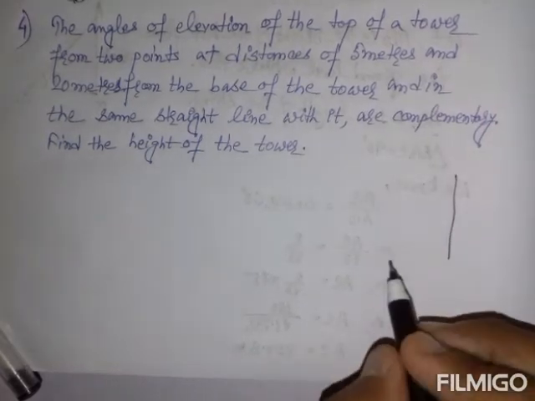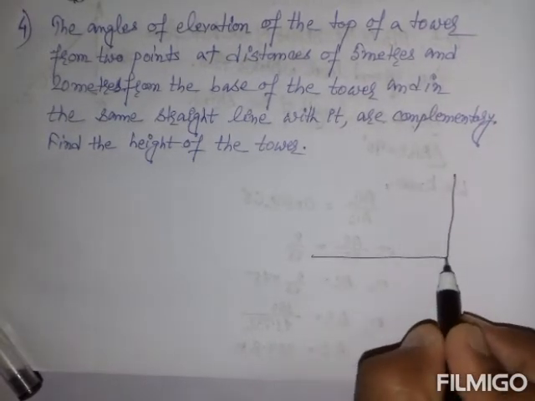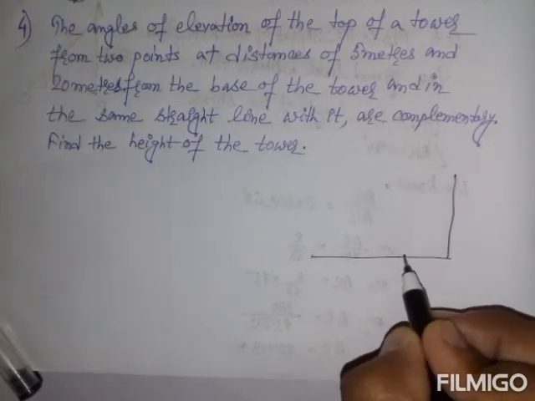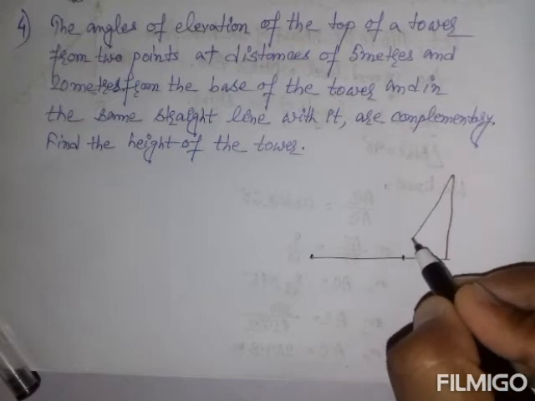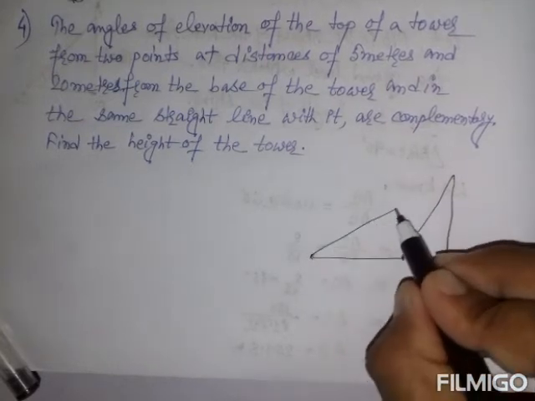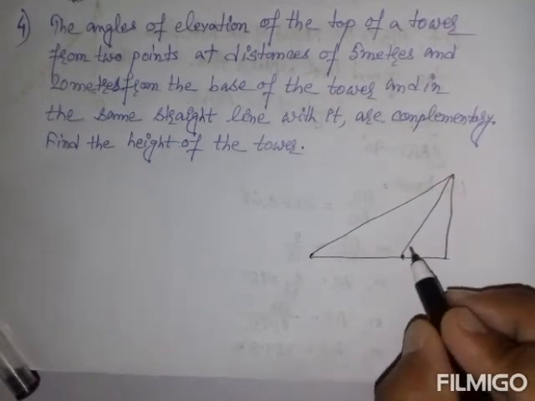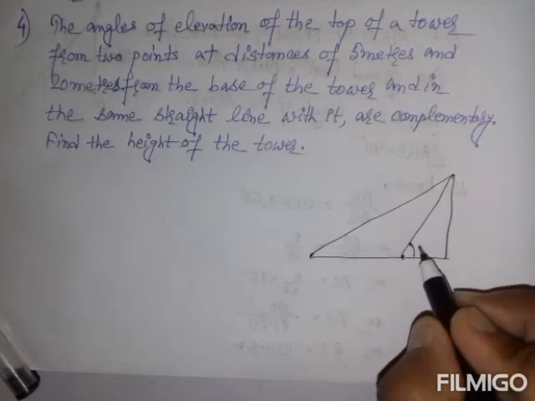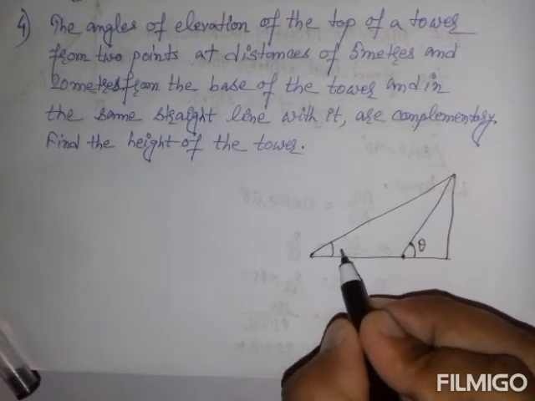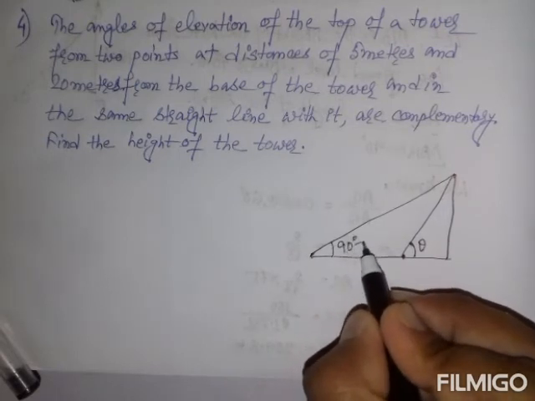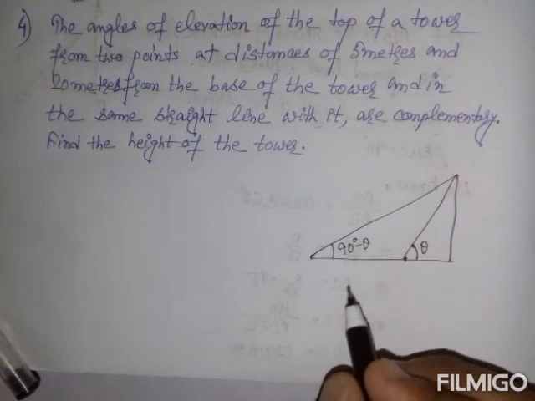Okay. Now we can draw. This is the tower, ground level, one point here and one point is here, one point from another point. This is, if we say is theta, then it is 90 degree minus theta.